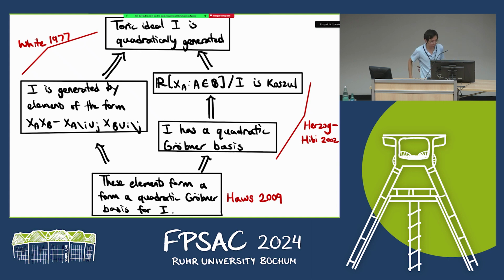Okay, and this is the conjecture that we were trying to tackle. We were looking at both sides and seeing what we could do. And at least from a geometric standpoint, since my specialty is polytopes and things, we're mainly interested in this one here, that the ideal has a quadratic Grobner basis.